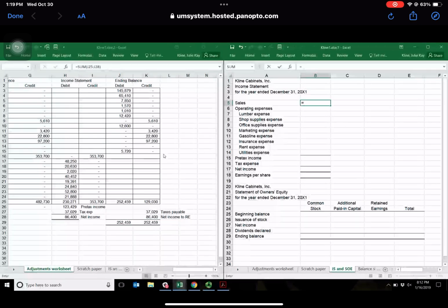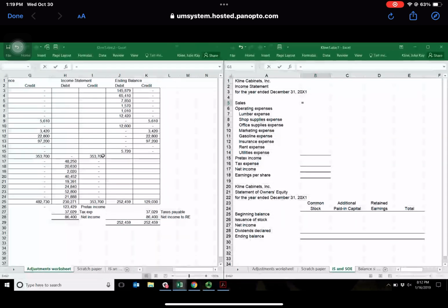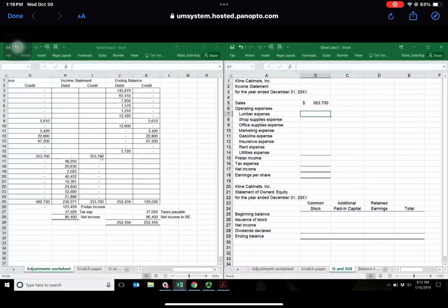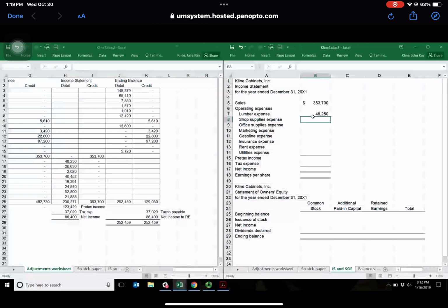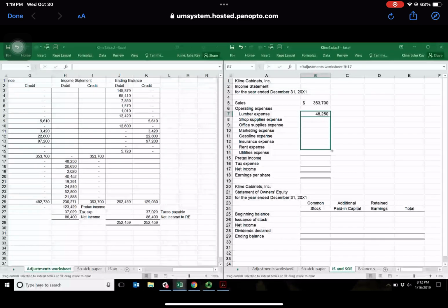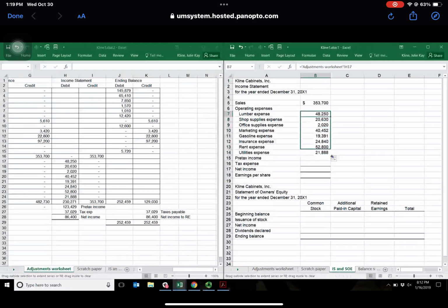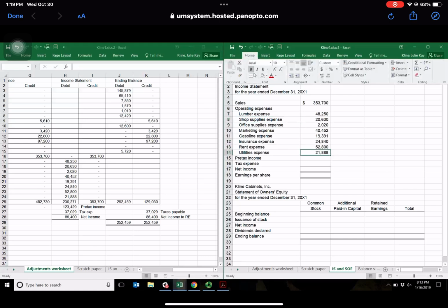Pulling from the income statement columns, we have sales, and then we have all of our expenses. Always cell reference. Don't hard type things in. It'll cause potential errors. All right, so there I just dragged my formula down because I knew I had these in the right order. And I can always double check it as I look at pre-tax income here.